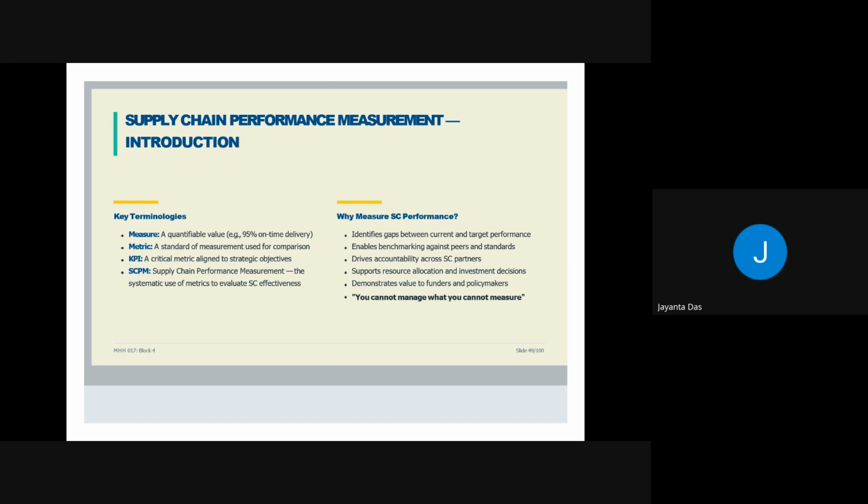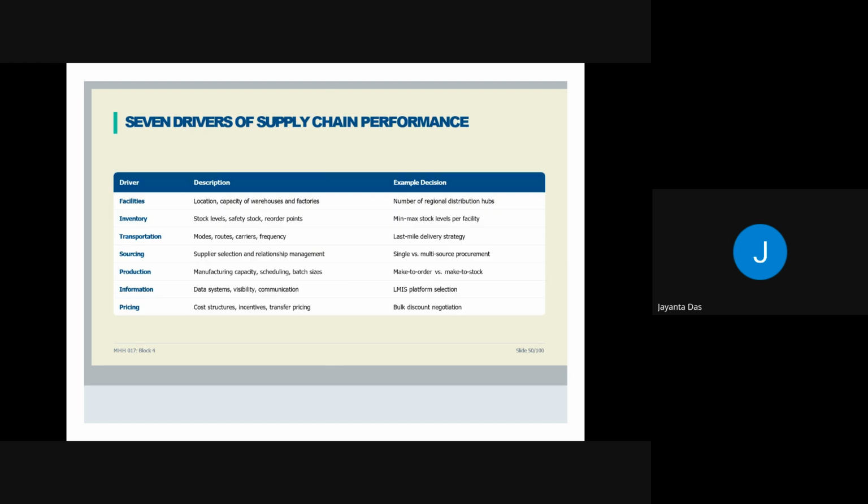You cannot manage what you cannot measure. It is very true. That means if you are measuring things properly, if you are aware of your problems, your deficiencies, your difficulties, and if you identify them, only then will you be able to manage them. You can take corrective measures and in due course preventive measures also.